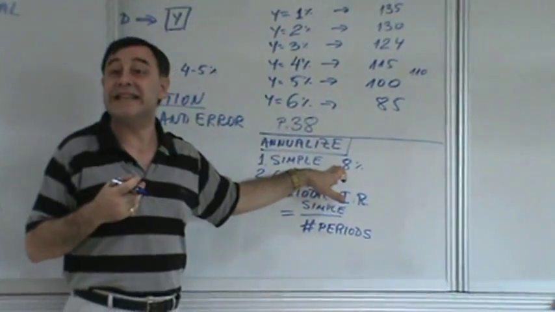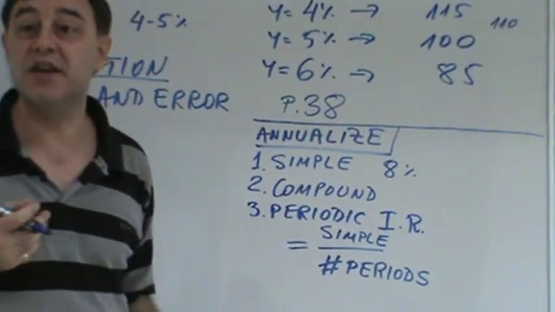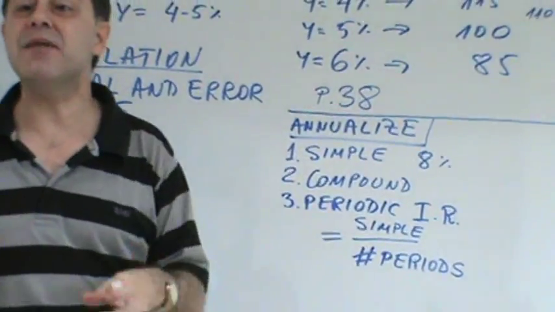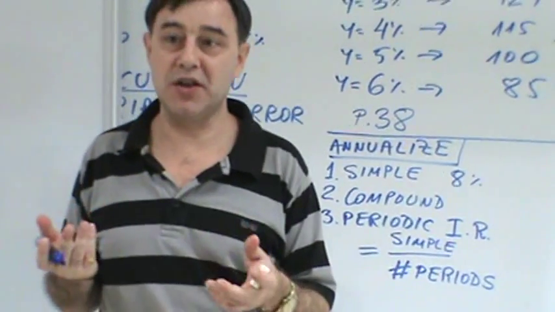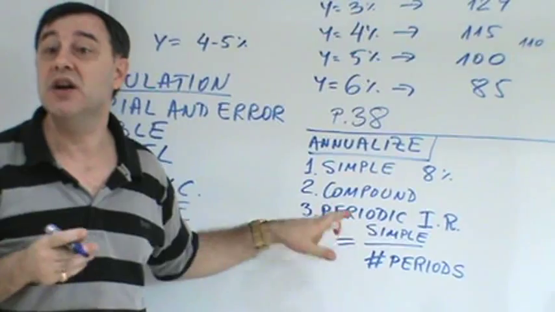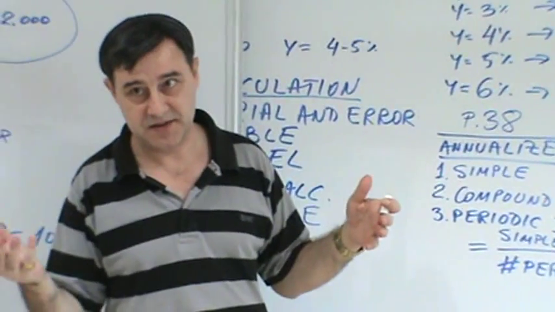Suppose the simple annual interest rate is 8%. Now, what is the semi-annual periodic rate? Semi-annual periodic means the periodic rate for 6 months.